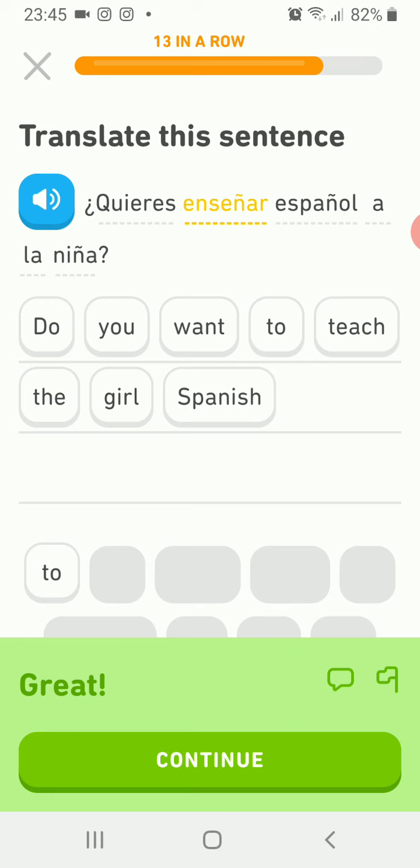Word order is very important in English and in all languages. So you have to know where you can put the direct object and the indirect object of the verb.